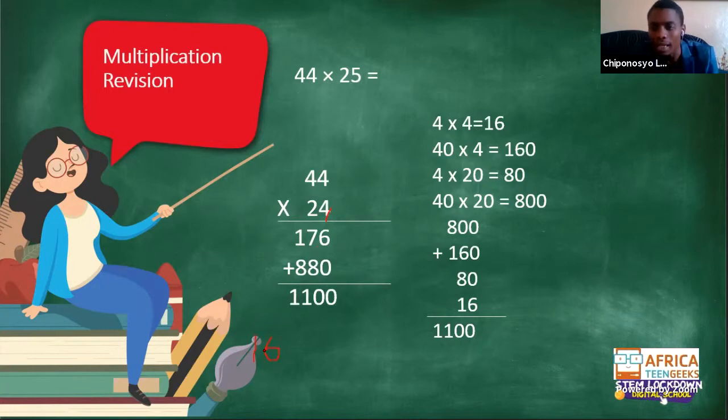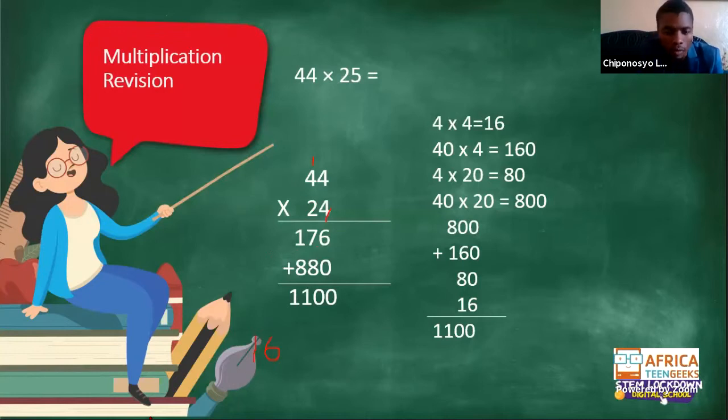It has a digit of 1 and a 6, which makes it 16. You put down the 6 and the 1, you carry it over. Then again, you have 4 times 4, which is 16. But because you had carried that 1, which was coming from multiplying the first time, you have to add it and it becomes what? 17. And since there's no other number here, you just write it down. 1 and a 7, which gives you 176.